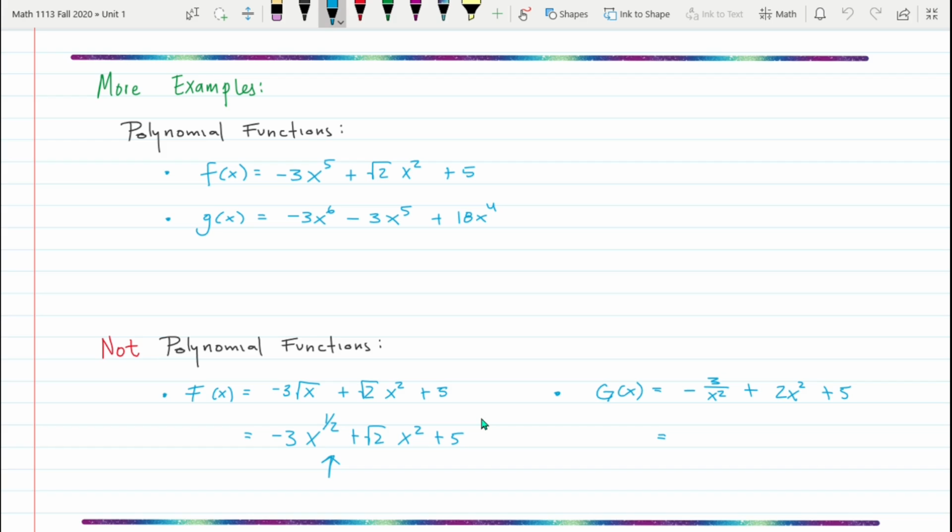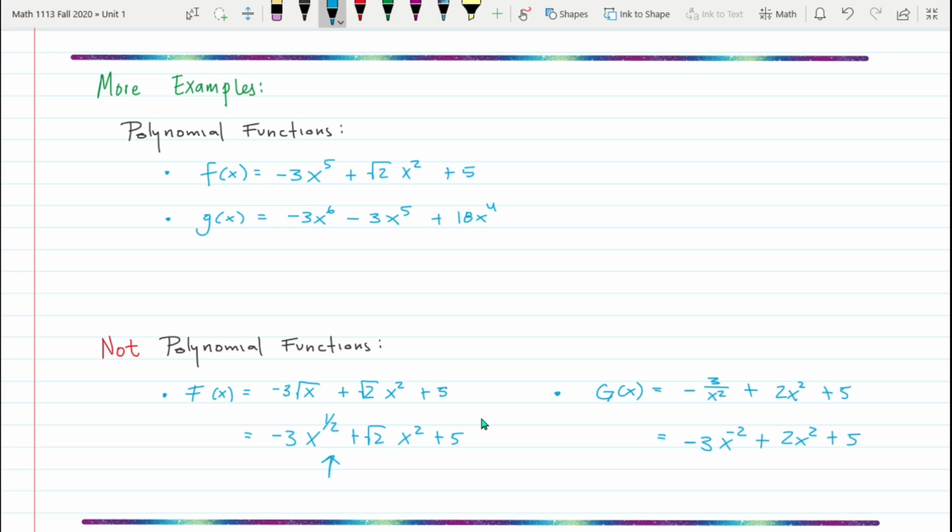Capital G of x says the following: -3 over x squared plus 2x squared plus 5. So you may say, well, all the powers look positive. Yes, but because this right here is x to the -2, that makes it not a polynomial.